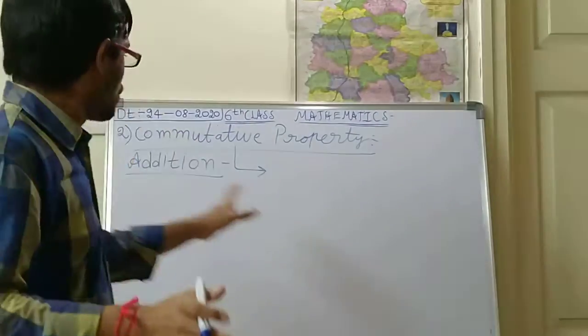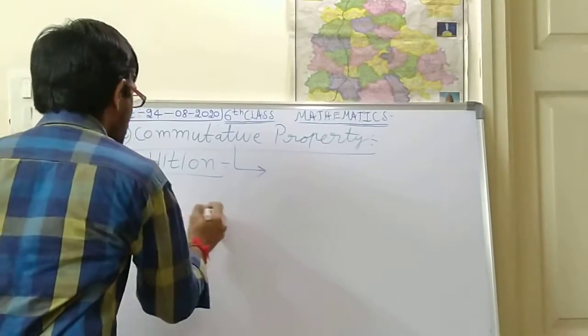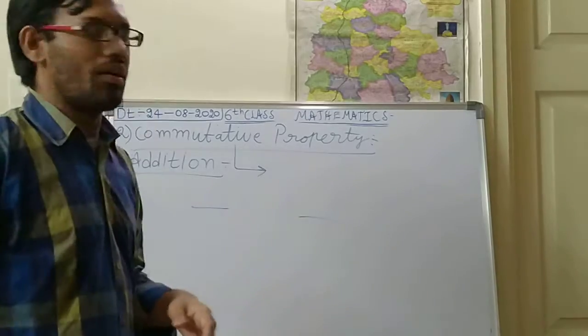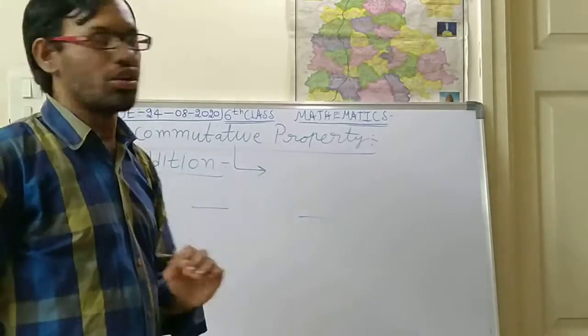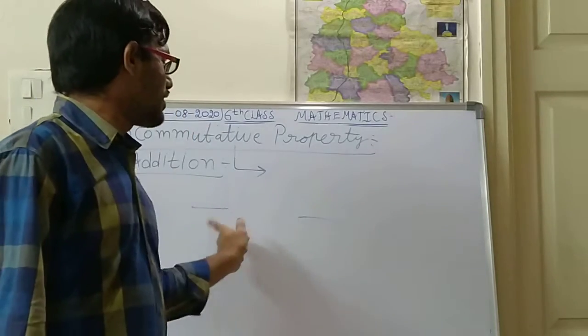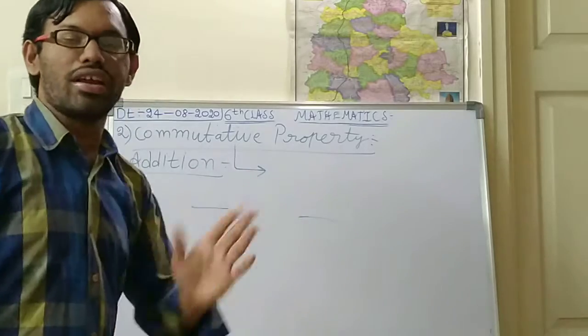Is it right or not? Here also, commutative means exchanging the places of numbers or any things. I think you have understood.